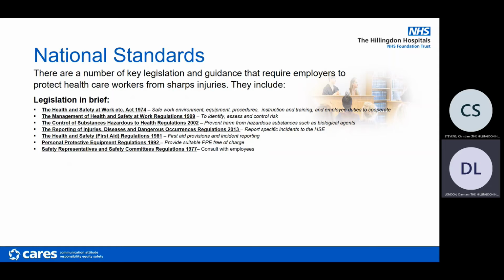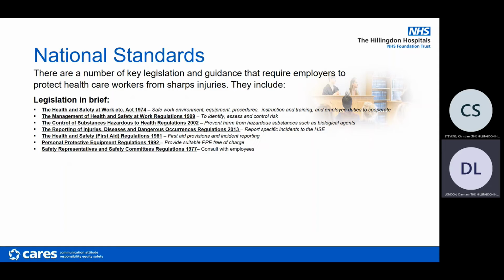Then you have the Reporting of Injuries, Diseases and Dangerous Occurrences Regulations, and this is about reporting specific incidents to the Health and Safety Executive. The Health and Safety First Aid Regulations are about making sure we provide first aid in general and for sharps, and making sure that incidents are reported.